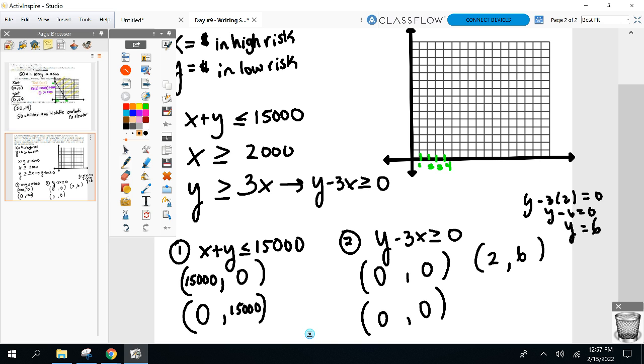I guess you can put a K next to it. You can also put down below in thousands. Just so whoever's reading it knows that that's not 1, that's 1,000. And we're going to have to do the same thing on the y-axis because we have to graph 15,000 on the y. 5, 6, 7, 8, 9, 10, 11, 12, 13, 14, 15.